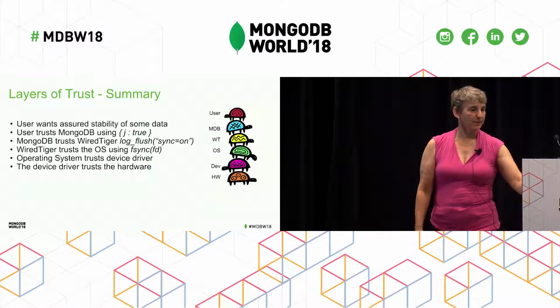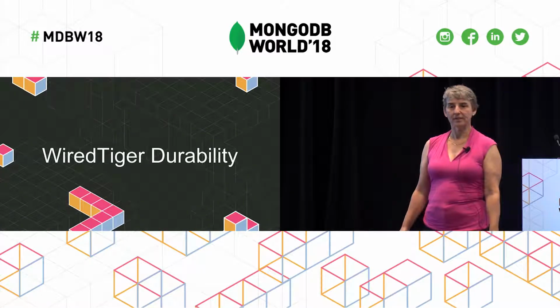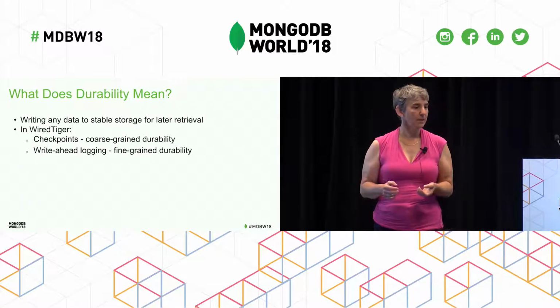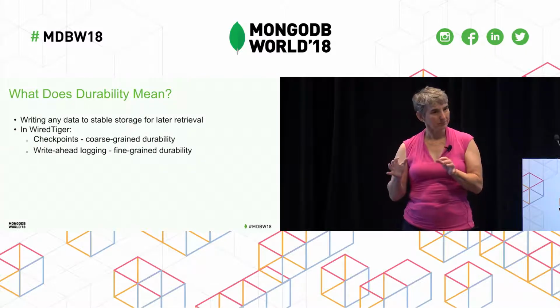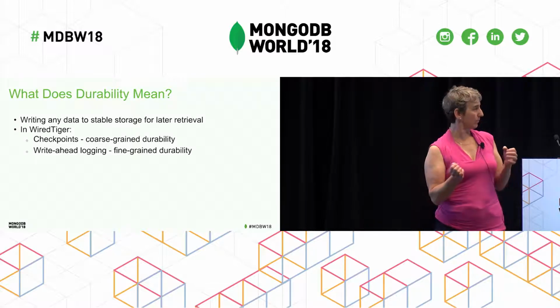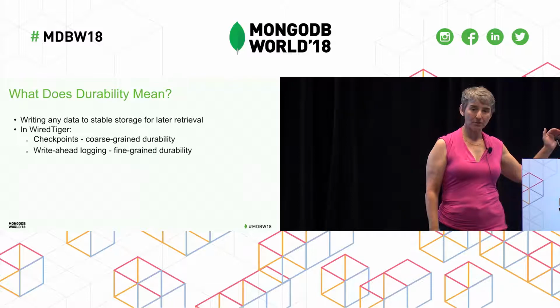So now let's talk about the specifics of WiredTiger durability. Let's re-examine in detail the two paths out of WiredTiger to the disk. WiredTiger offers two forms of durability. Durability is not quite the best word here, because what I've been talking about right now is explicitly fine-grained durability.